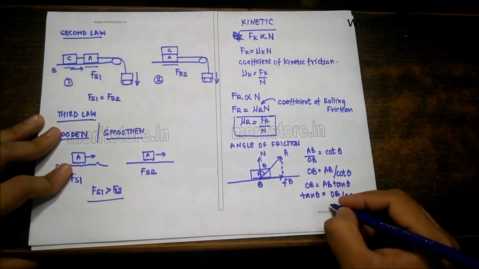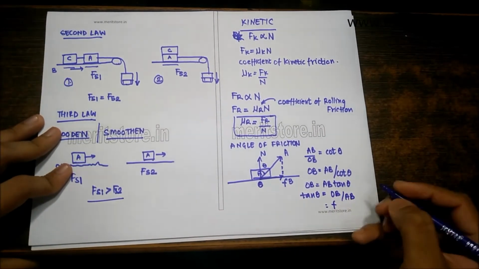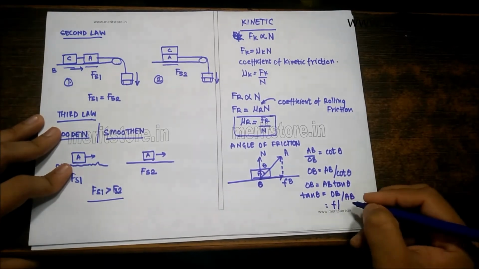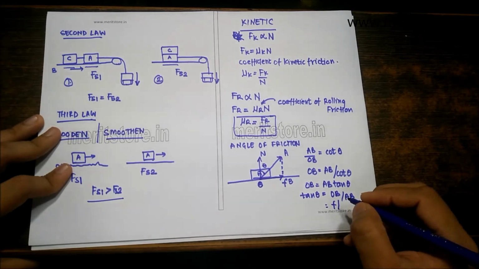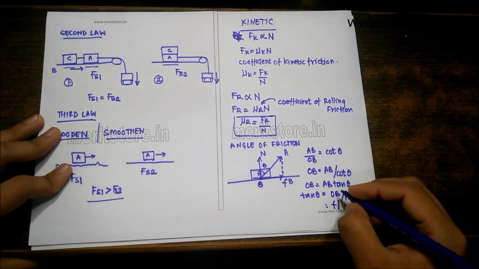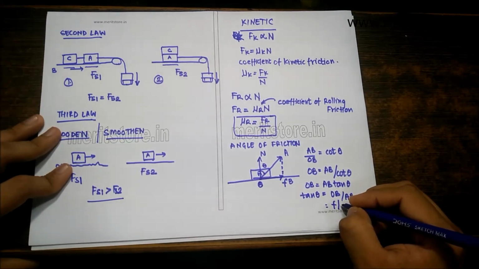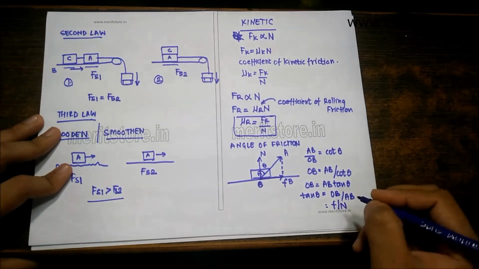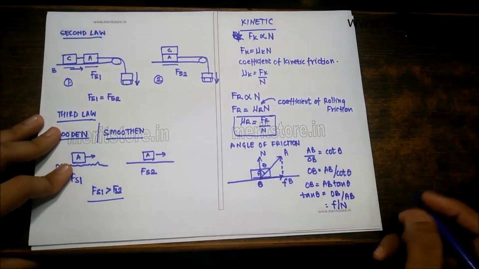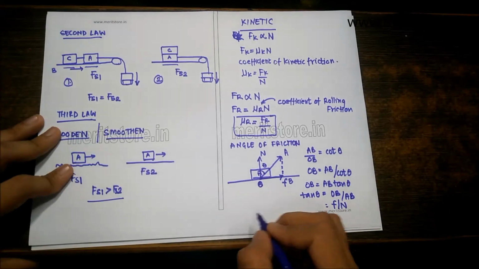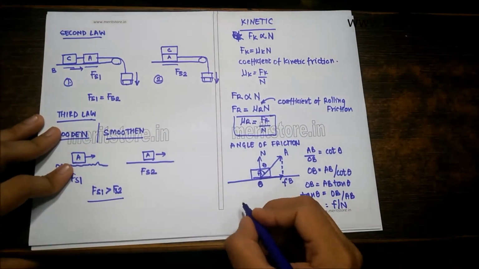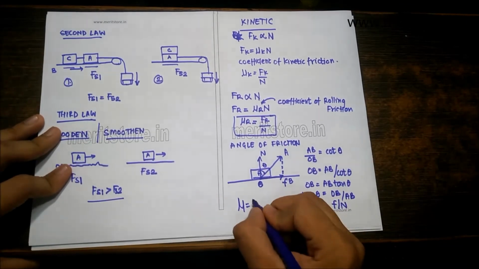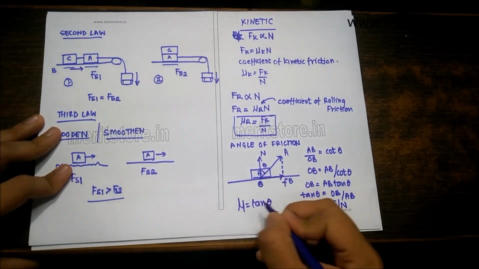But OB was actually the limiting force of static friction, while AB is the normal force N. And therefore we get F by N, which is basically my equation for mu. So mu is equal to tan theta.